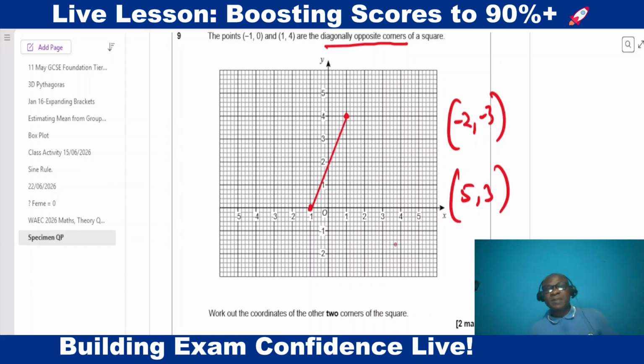So to complete that place, oh, I see. If it must be a square, where do you think the values will be? Oh no, sorry, I meant minus 2, 3. Okay, minus 2, 3.